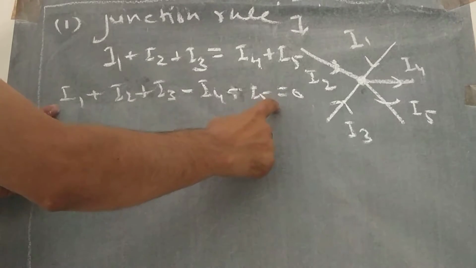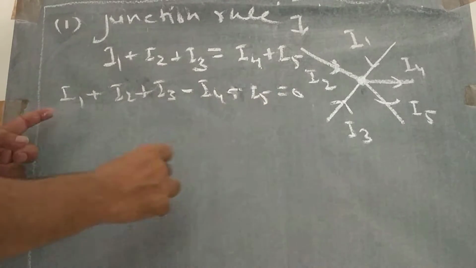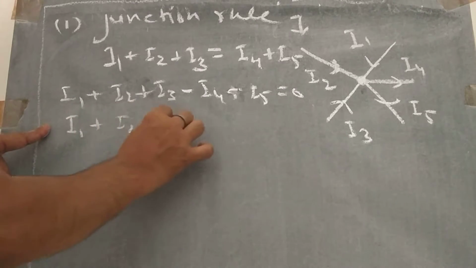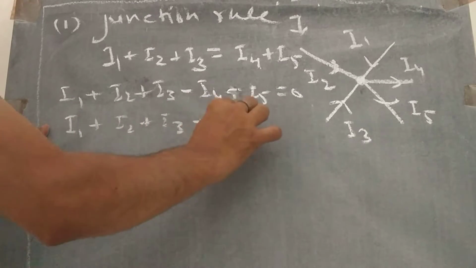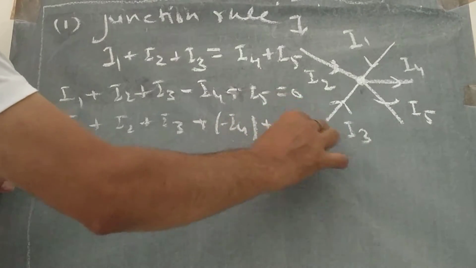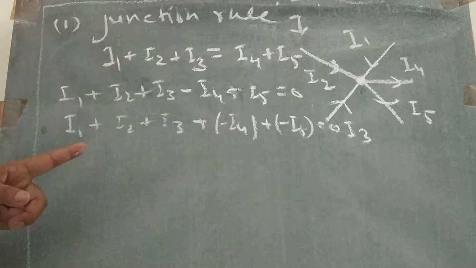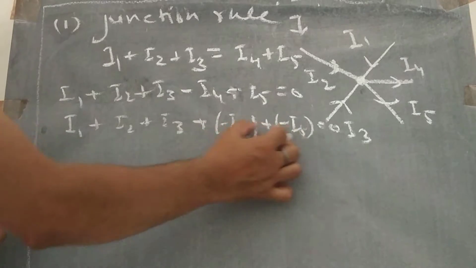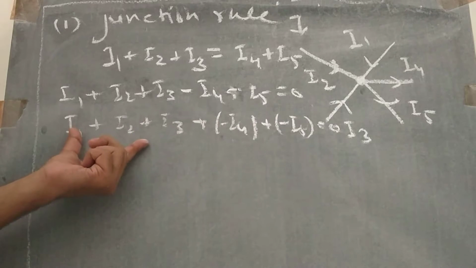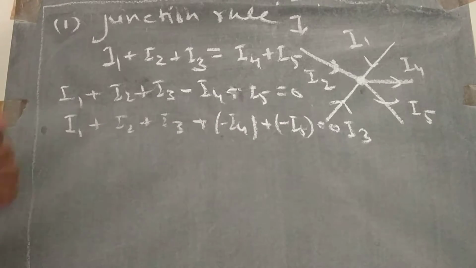Here we have to give the convention, and according to the convention, I1 plus I2 plus I3 plus minus I4 plus minus I5 equals 0. This is convention. Outgoing current is taken to be negative, incoming currents are taken to be positive.